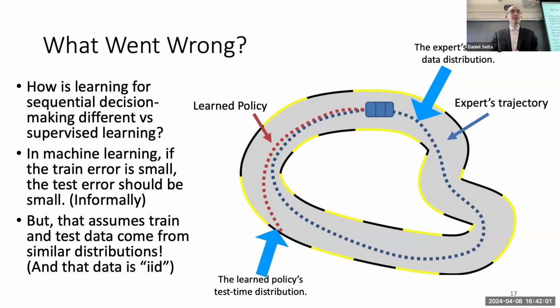I think with a sequential decision making problem, supervised learning can be good, but the caveat is you must check that the training data has sufficient coverage over what you want the robot or the agent to do at test time. It's all about whether the training data distribution is broad enough to cover what you want to do at test time. I think that is the bigger point here.